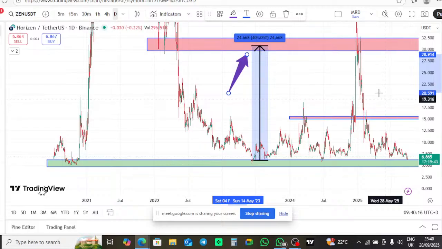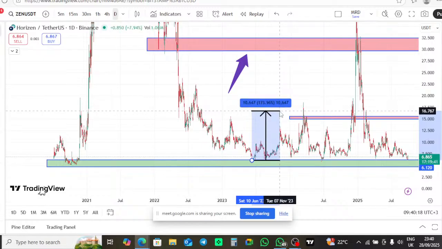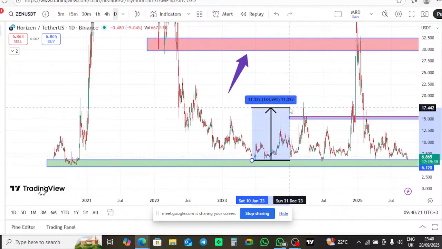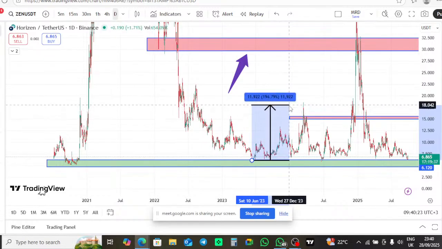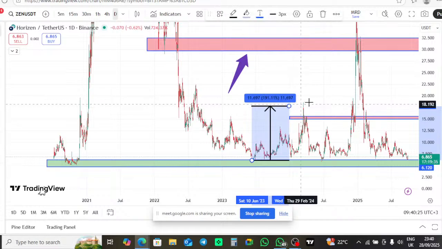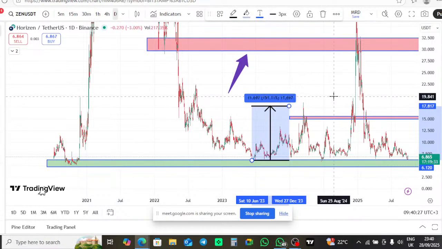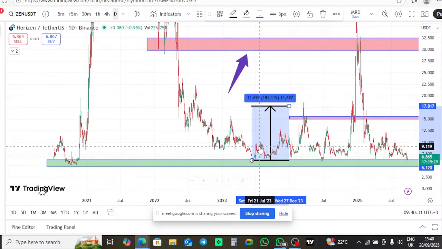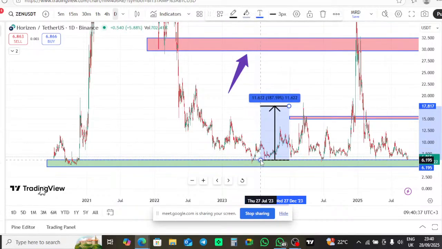You see? In 1 day, it pumped all the way to 191%. Someone could close 50%. Another one could wait. We get the point.